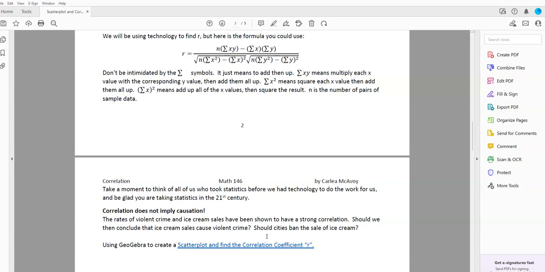When it's nice outside, people go outside, they hang out, they buy ice cream because it's hot, and then people get victimized because they're out and about. If you're home in the middle of the winter and everybody's shut up in their house, there's not as much likelihood of you being attacked or having violent crime committed against you. So they are correlated, but there's not causation, right?